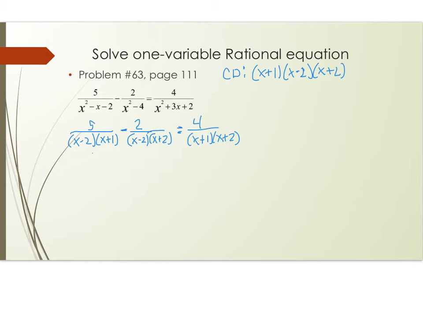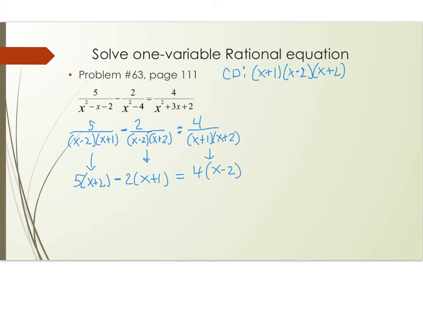So for 5, I'm missing an x plus 2. So I have 5 times x plus 2. And what I'm missing for the second term is x plus 1. So I have 2 times x plus 1. And for the last term, I have 4 times x minus 2. And we know the fractions go away when we multiply through by the common denominator.